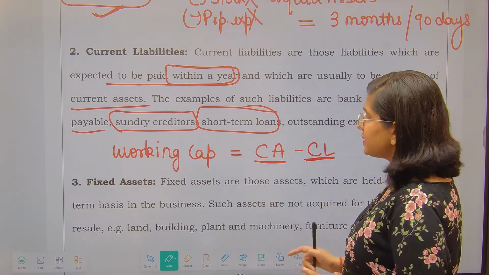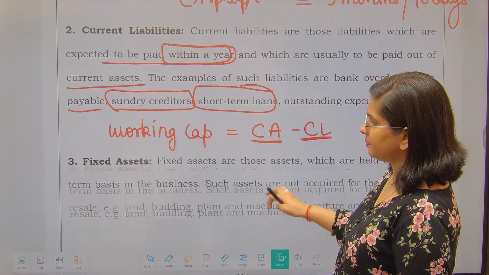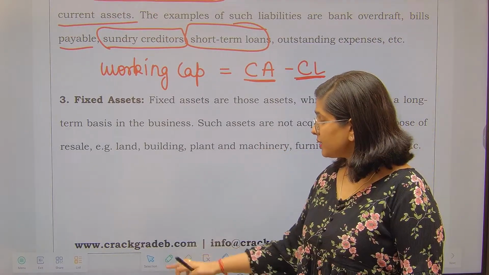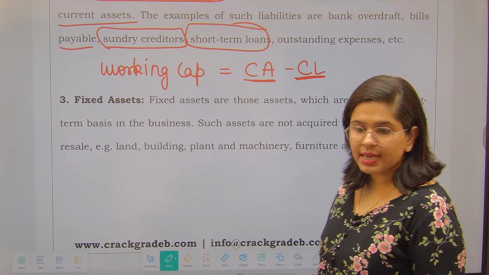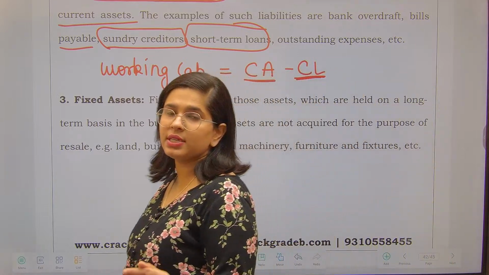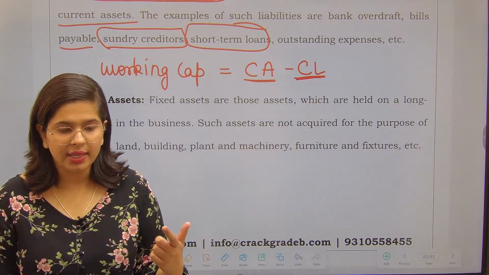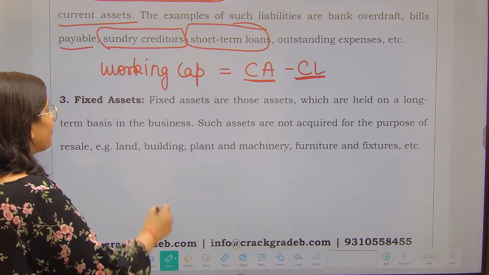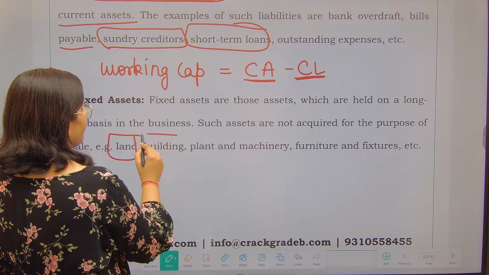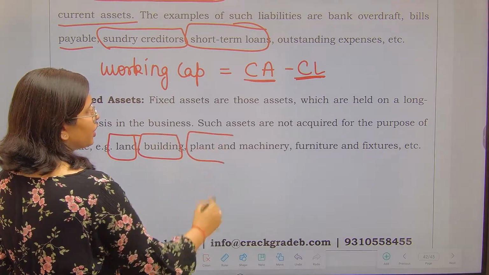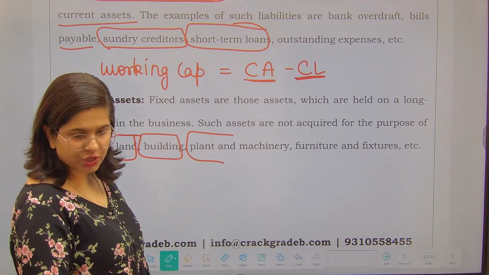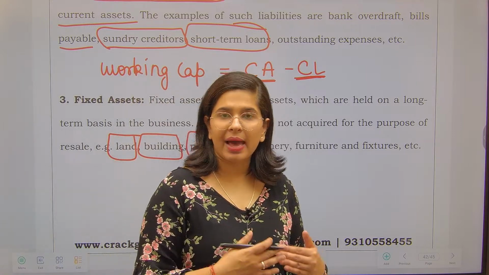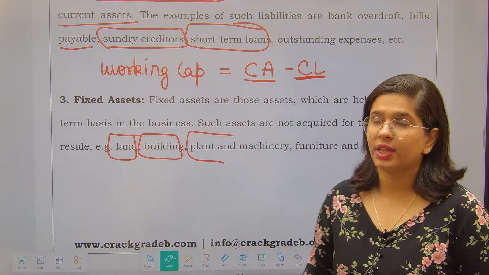ठीक है? Next is we have fixed assets. Now what is the meaning of fixed assets? Those assets which will be used in your business for a period more than 1 year. Such assets are called fixed assets. Very easy. Examples are land, building, plant and machinery, furniture and fixtures. They are taken in the balance sheet for a period of more than a year.